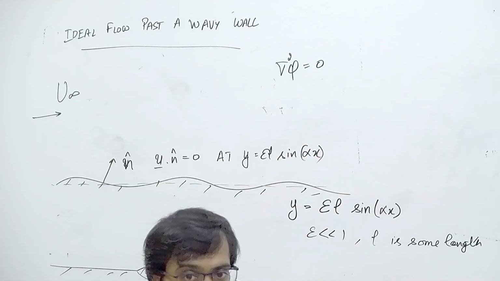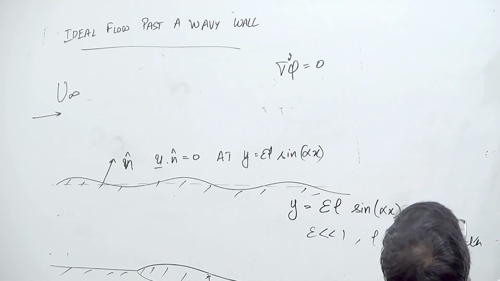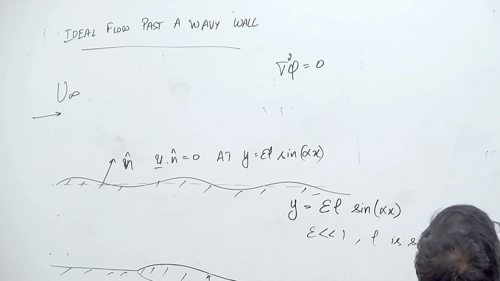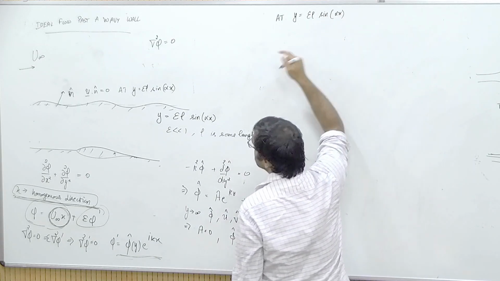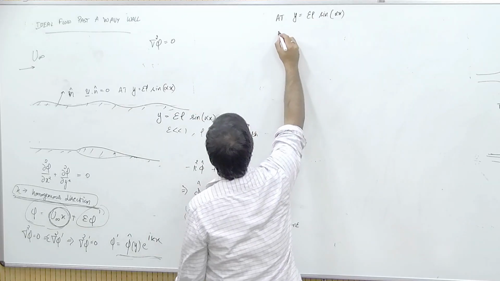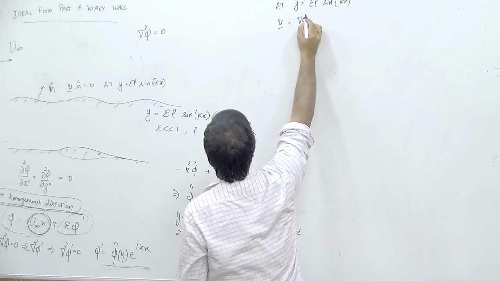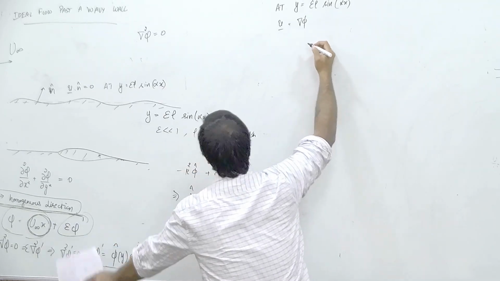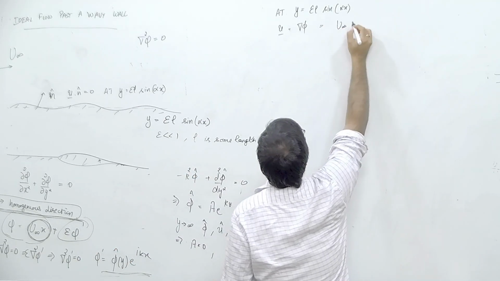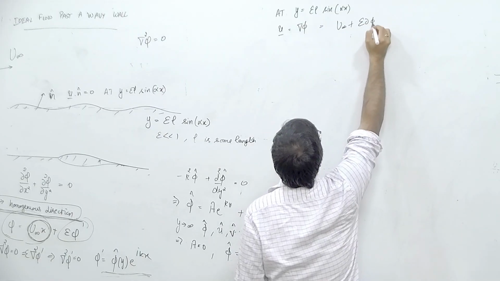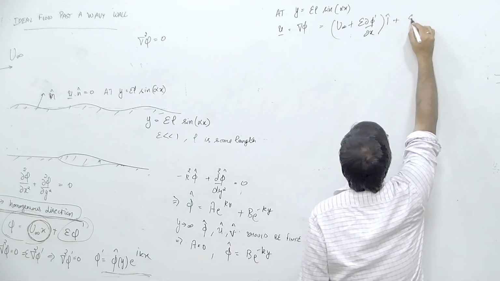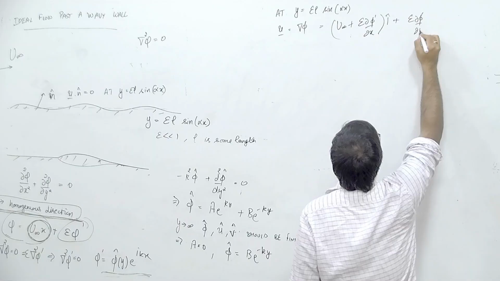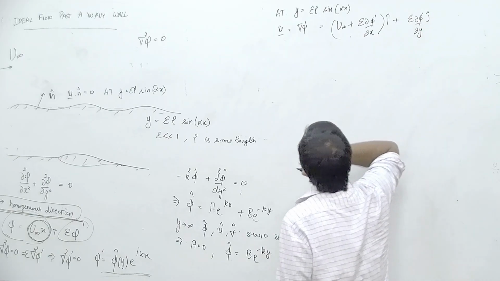So u is basically grad phi, which is u infinity plus epsilon del phi prime by del x i cap plus epsilon del phi prime by del y j cap.